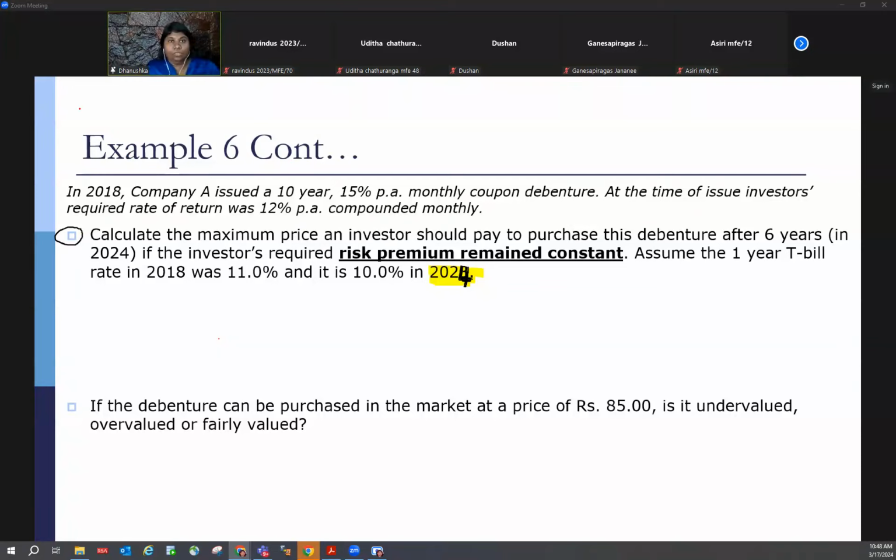So your risk premium is 1%, right? How did we arrive at that 1%? Your risk premium, what is our equation? We know that our required rate of return is equal to the risk-free rate plus the risk premium. In 2018, we know that my required rate of return is 12%.